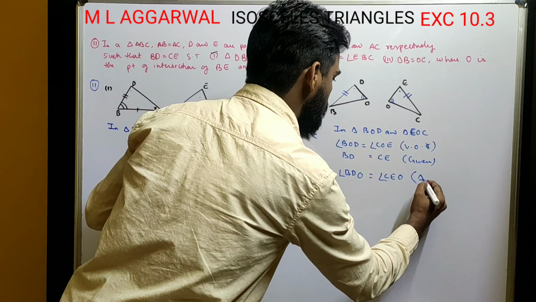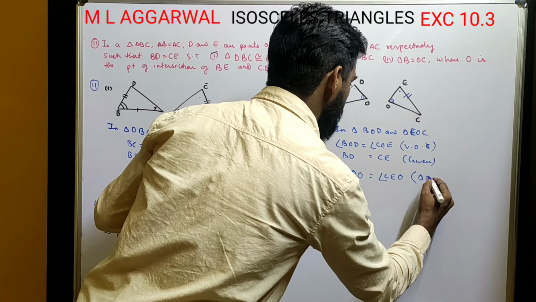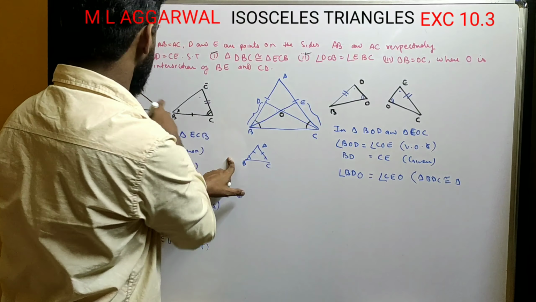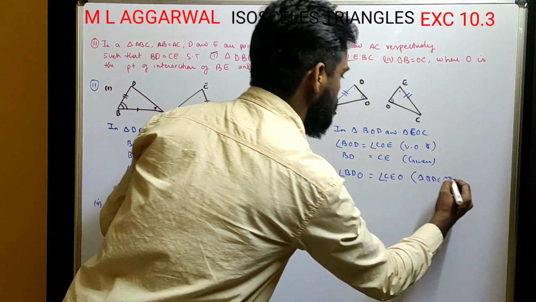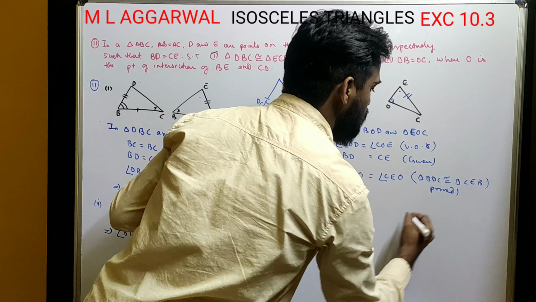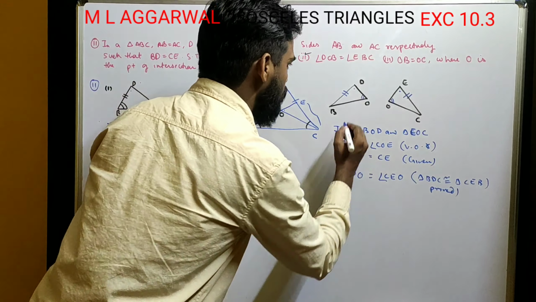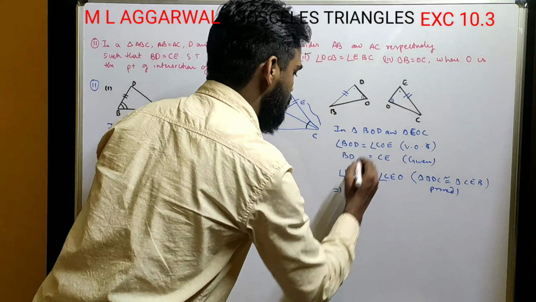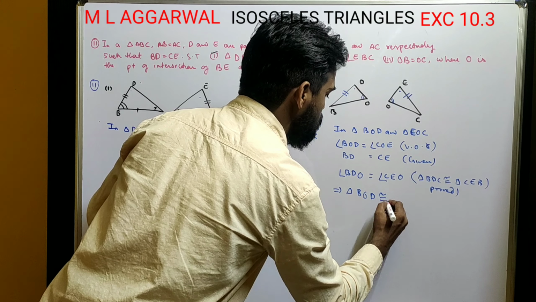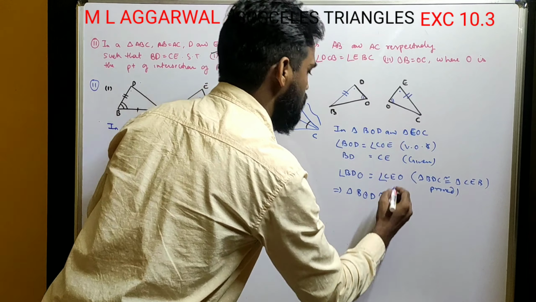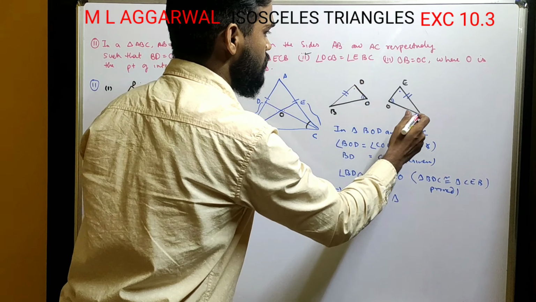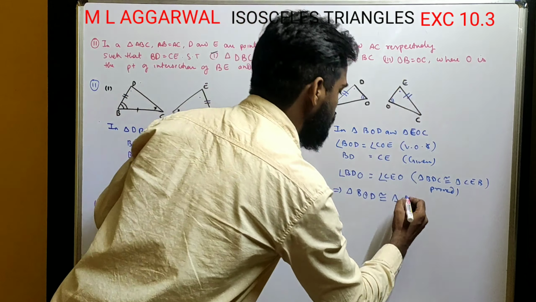Because triangle BDC is congruent to triangle CEB. We have already proved. So triangle BOD is congruent to triangle COE.